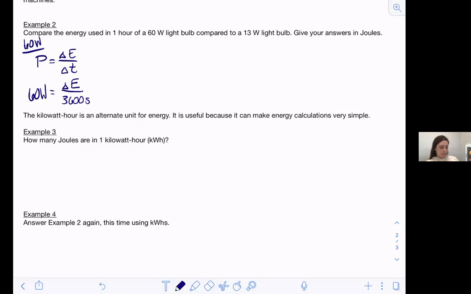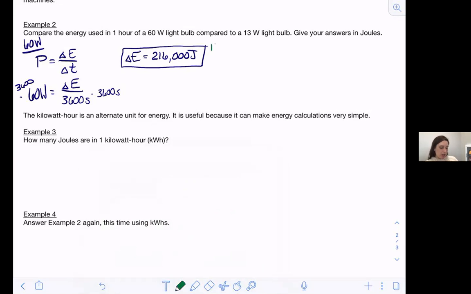So if I multiply both sides by 3,600, then I should get how many joules of energy this thing uses. And I got 216,000 joules of energy being used by this 60-watt light bulb.